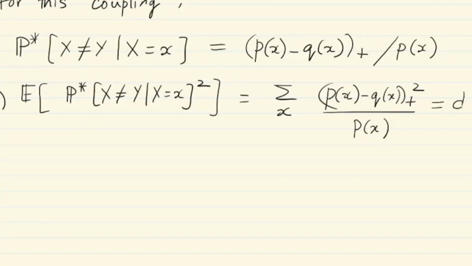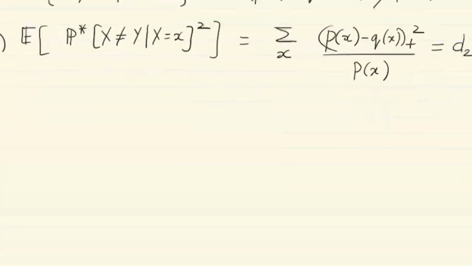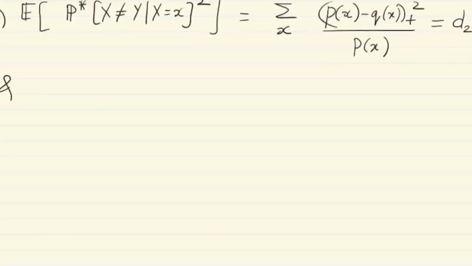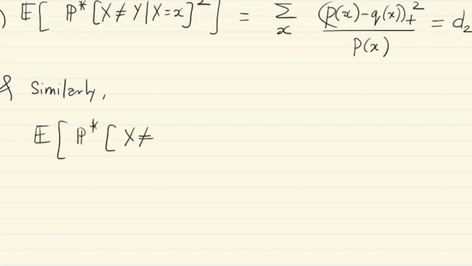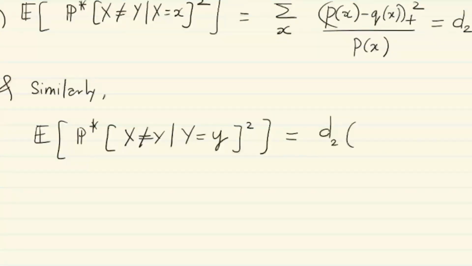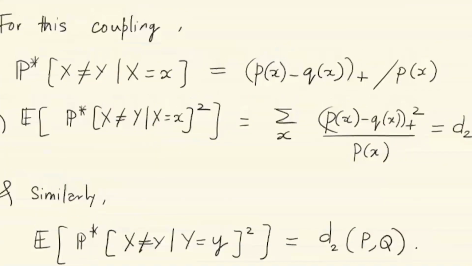This is exactly D₂(Q‖P). And exactly along the same lines, we also have the expected value of (P*(X ≠ Y | Y = y))², just by symmetry, equal to D₂(P‖Q). And that completes the proof of this lemma and hence of Marton's conditional transportation cost inequality. Thank you.